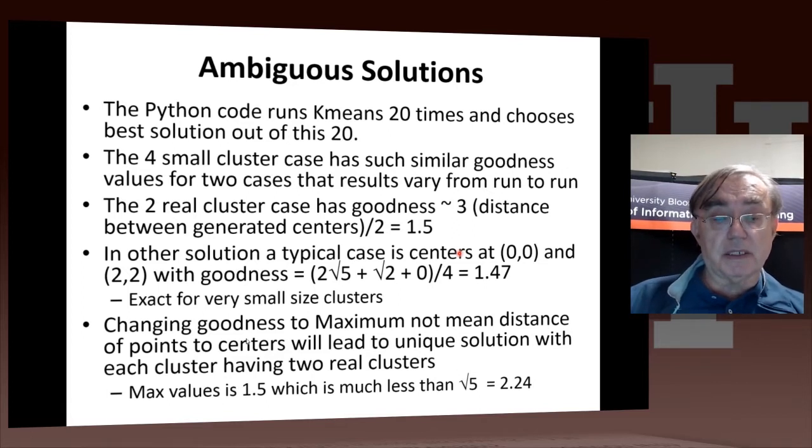So that's why I suggested changing the goodness, the quality judgment, to not the mean, but the maximum distance.